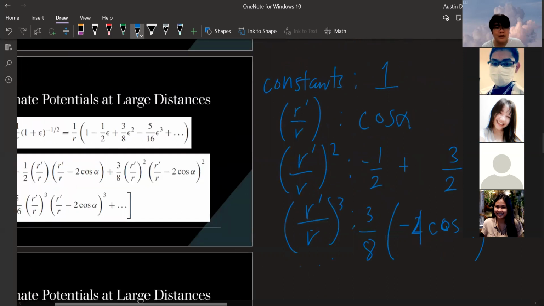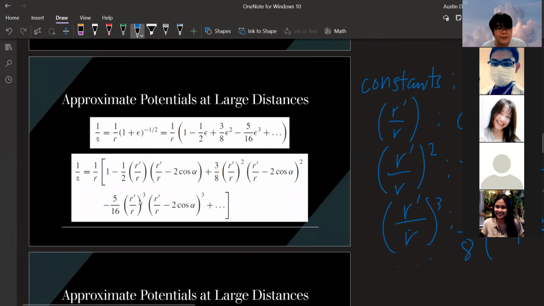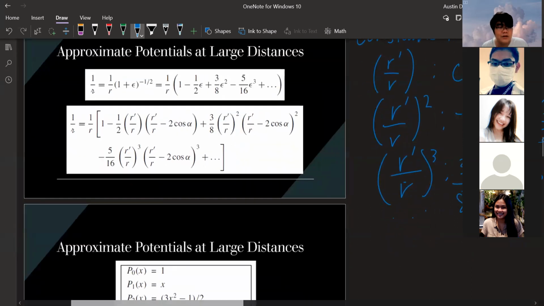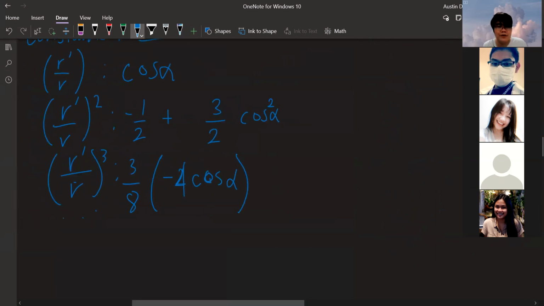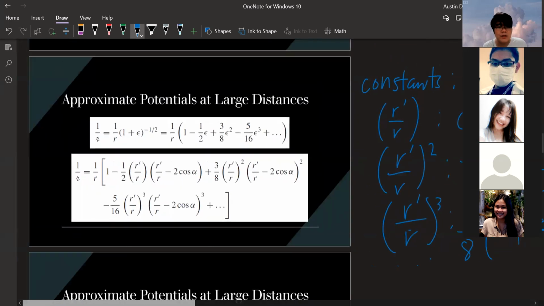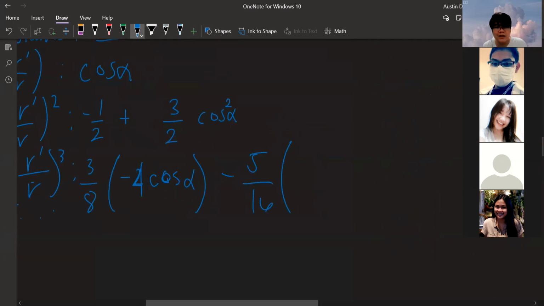So, ayun yung una. And then, dito sa next term, pwede natin i-multiply itong cube na ito to those na walang r prime over r. So, we have here, magiging cube lang. So, we can get that factor. So, copyhin ko muna si 5 over 16, times yung negative 2 cosine alpha raised to 3.